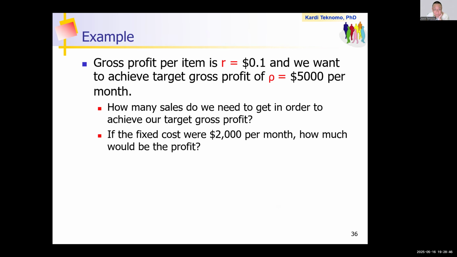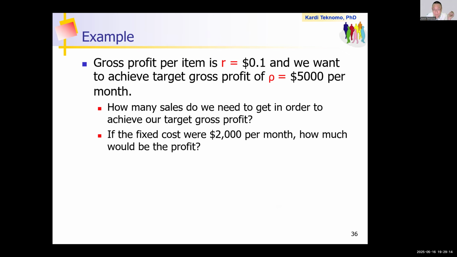Now if you know the gross profit per item is 0.1 and you want to achieve a target gross profit of, say, 5,000 per month, then the question is how much sales do you need in order to achieve that target? And the next question is, if you have a fixed cost of, say, 2,000 per month, how much will be your profit?